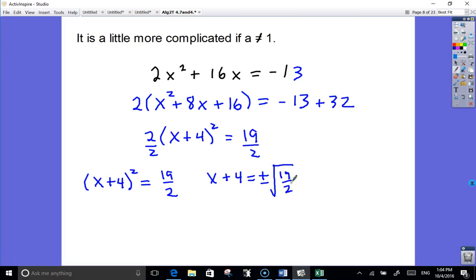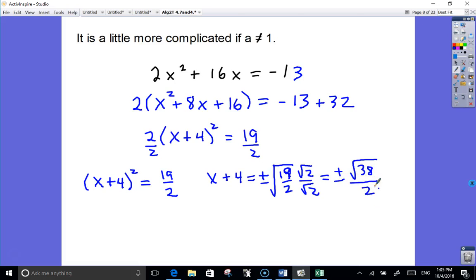Okay, can I leave it like that? No, because I have a square root in the denominator. How do I get rid of the square root in the denominator? Square root of 2 over the square root of 2, right? So do that. And now we have plus or minus the square root of 38, 2 times 19, divided by 2.